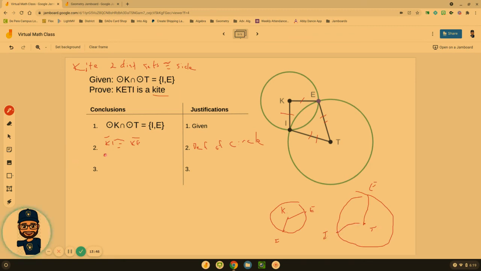So we can say IT is congruent to TE. Same reason, definition of a circle. It's just two different circles, which means KETI is a kite. Put that there because two distinct sides. We showed each set of sides is congruent because of the definition of a kite.